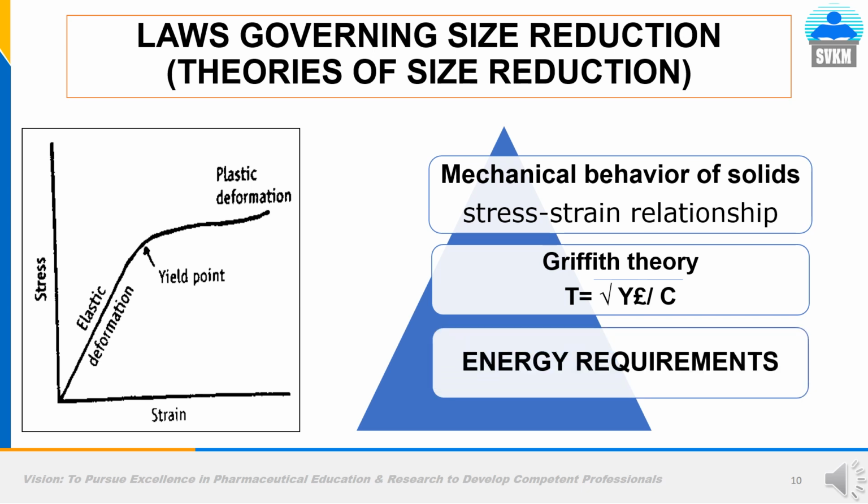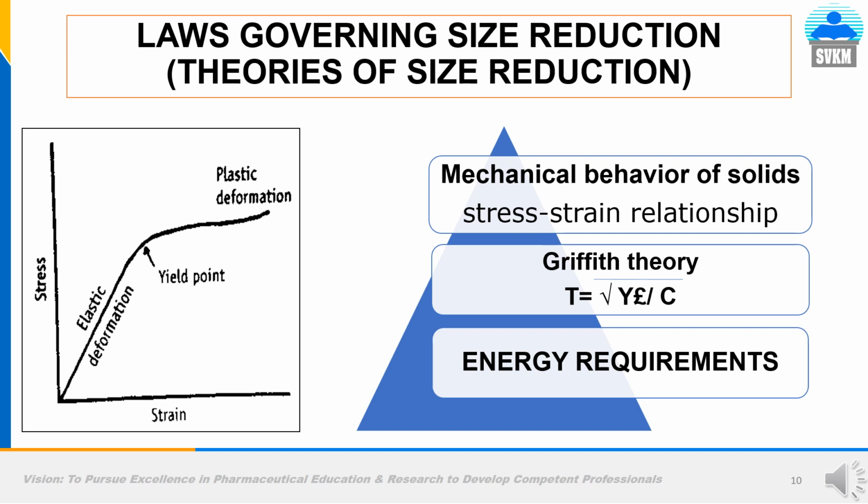Now, energy required for size reduction. Size reduction begins with the opening of small flaws that are initially present. There are different energies required for actual size reduction. The energy is used to increase the new surface area from flaws.